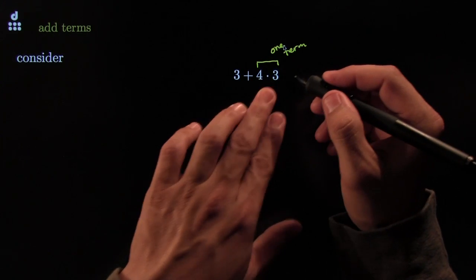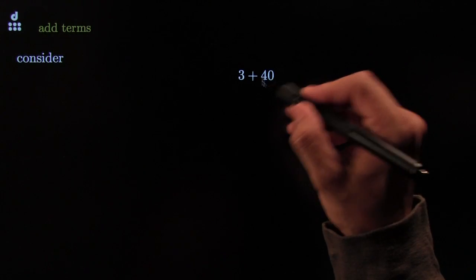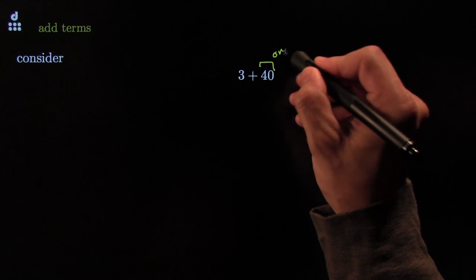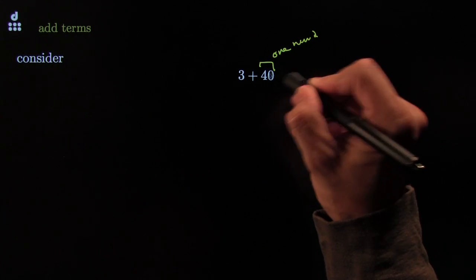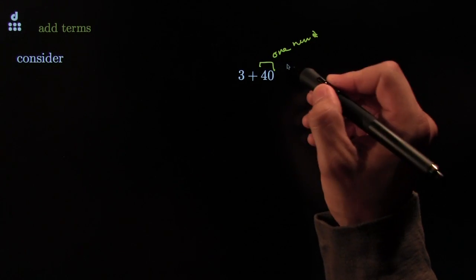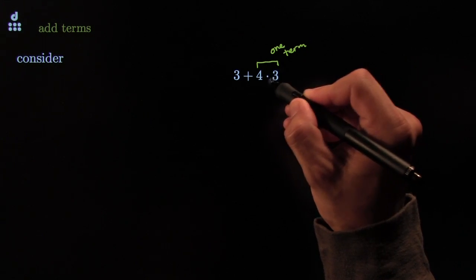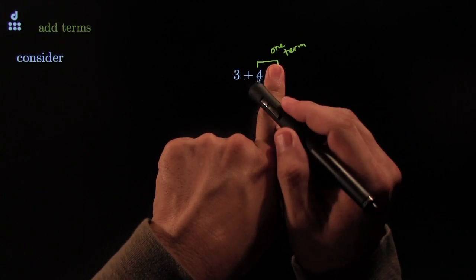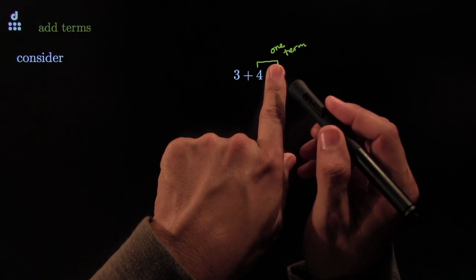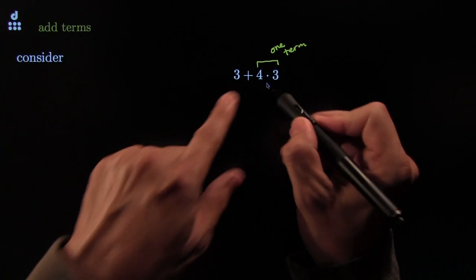Just like the other one where 40 was one number. It wasn't two numbers, a 4 and a 0. It was one number, 40. Same thing here. This is one number. It's glued together by times. That's one term. So you can't just say add the 3 plus the 4 and ignore whatever's next to it. You have to deal with it somehow.